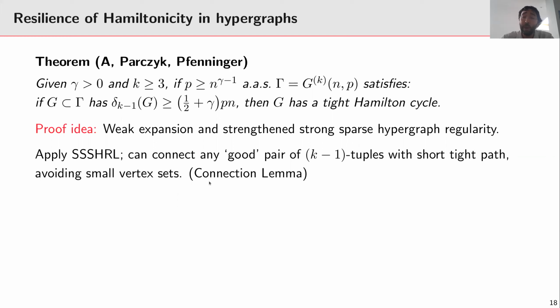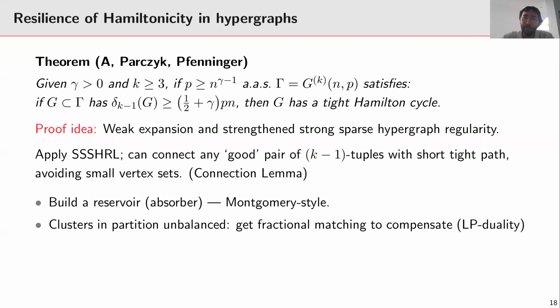We show that you can make a connection lemma, you can connect any, whatever good should mean, pair of k-1 tuples in some resilient way. We use some very nice idea of Rich and Montgomery to build an absorbing structure. I think in this case, we called it a reservoir, so I will call it a reservoir.